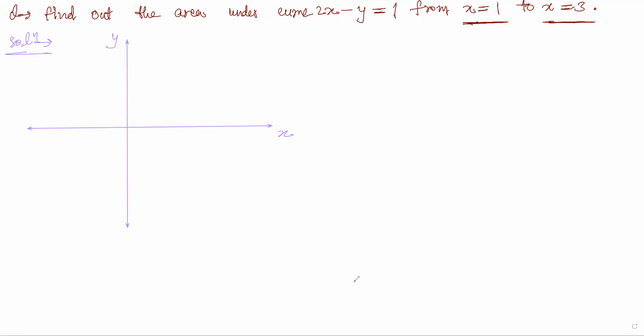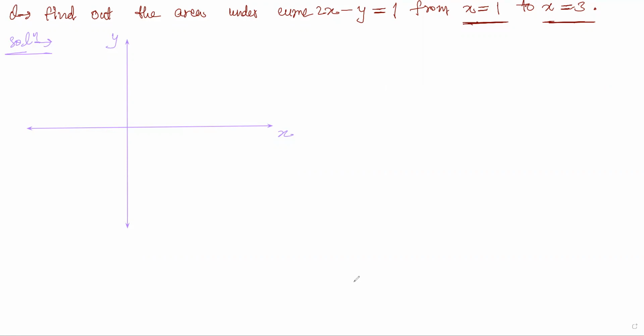Has anyone of you been able to draw the graph? If yes, please tell me 2 points through which your graph is passing. 0, -1, and 2, 3.